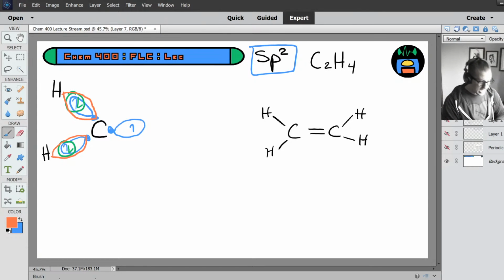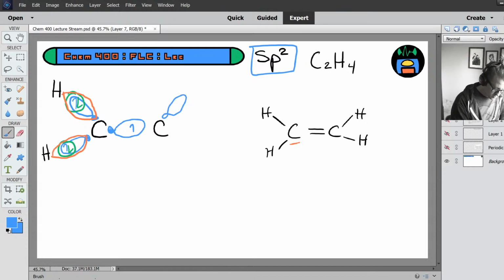Now when you look at this carbon, it's got 2 hydrogen-carbon sigma bonds, and then it's bonded to another carbon atom. So we roll in with our second sp2 hybridized carbon. This atom has the same hybridization as the first, and it is going to create direct orbital overlap to make a carbon-carbon sigma bond here. All right, so this is the carbon-carbon sigma.